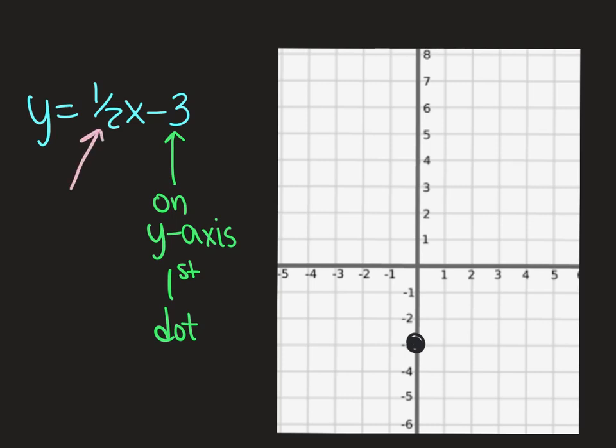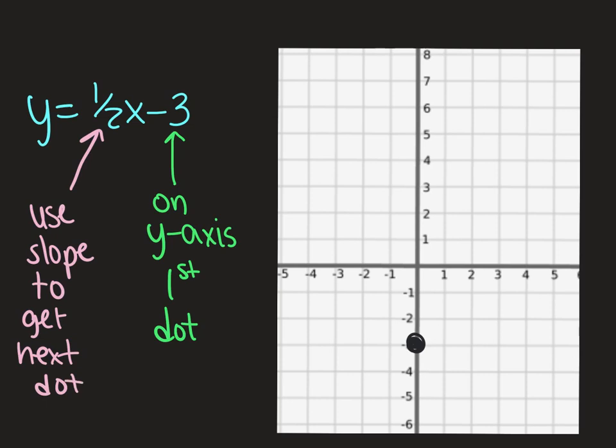Then I'm going to use my slope to get my next couple of dots. 3 dots is good. And once we have 3 dots, we can call it quits. So use the slope to get the next dots. This slope is a 1/2, which means I'm going up 1 and to the right 2.